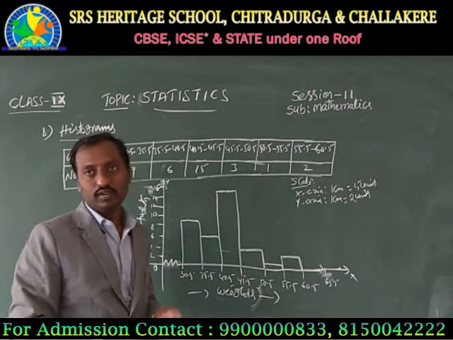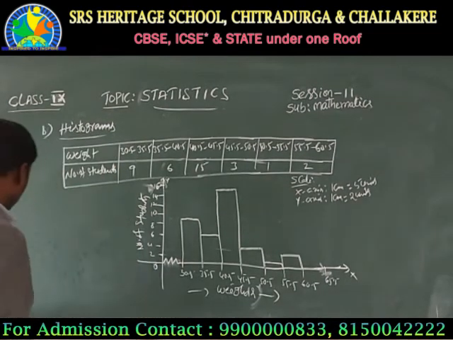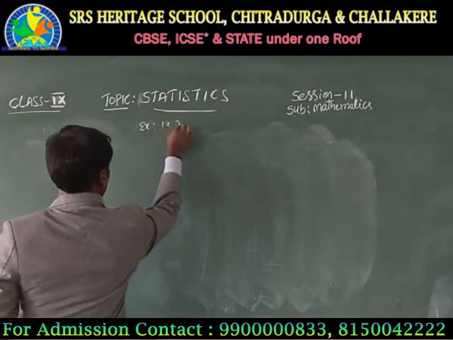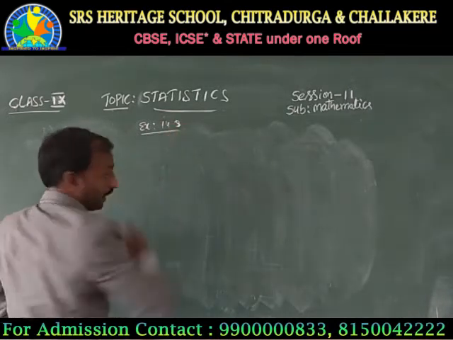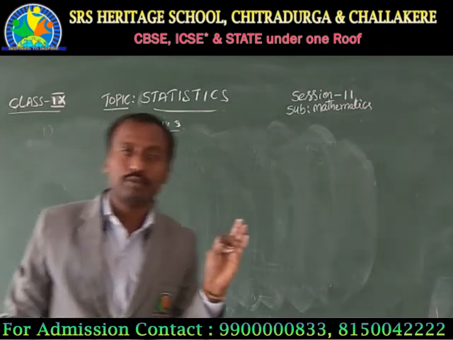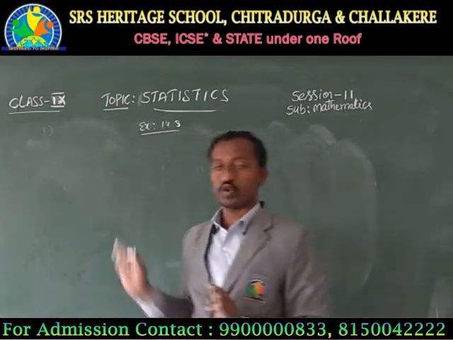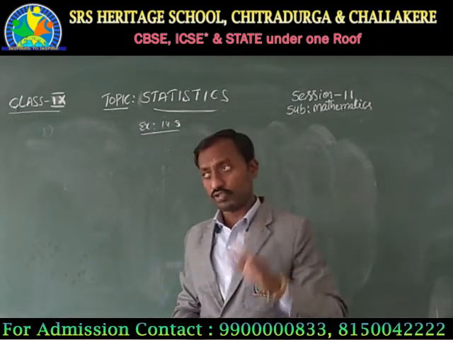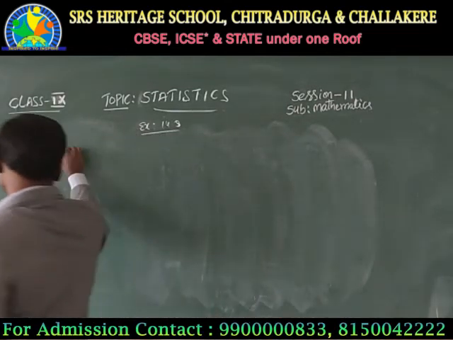Exercise 3, problem number 5. Problem number 4 and problem number 5 both are related to histograms only. Problem number 4 you have to complete; problem number 5 I'll explain.